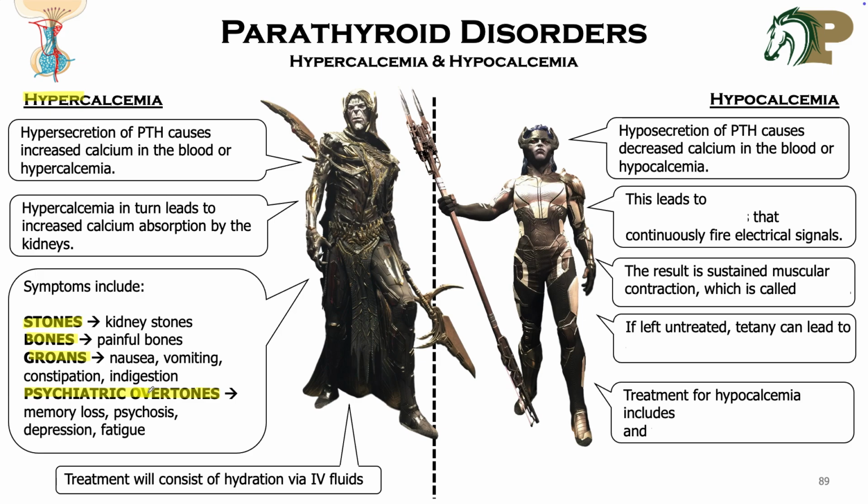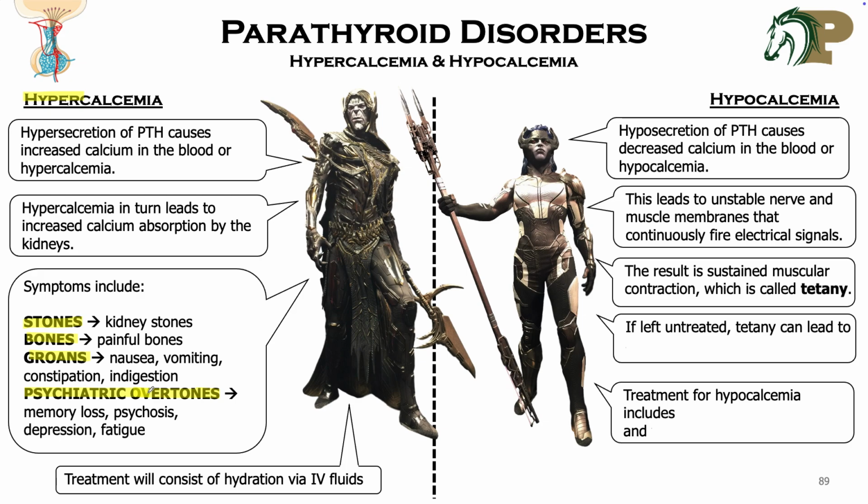If you have hypocalcemia, on the other hand, here's where we have a hyposecretion of PTH, which will cause decreased calcium in the blood, or hypocalcemia. This will lead to unstable nerve and muscle membranes that will continuously fire electrical signals. The result of this is a sustained muscular contraction, which is called tetany.